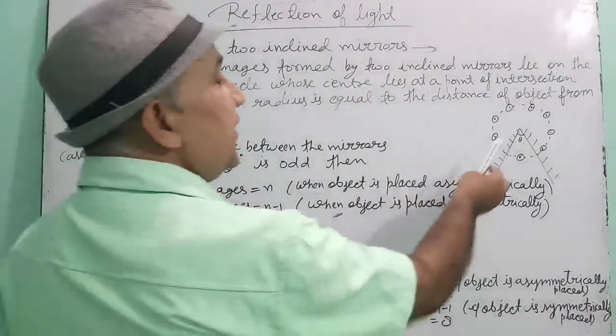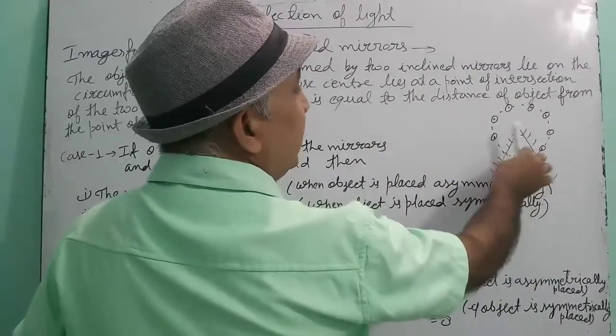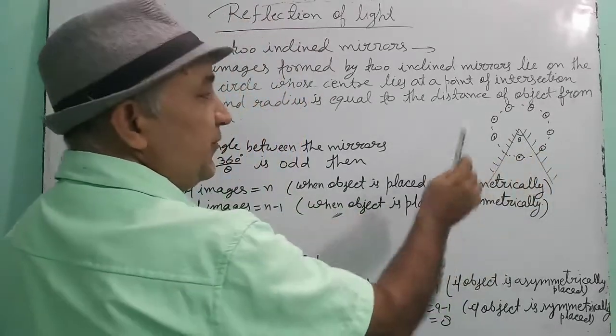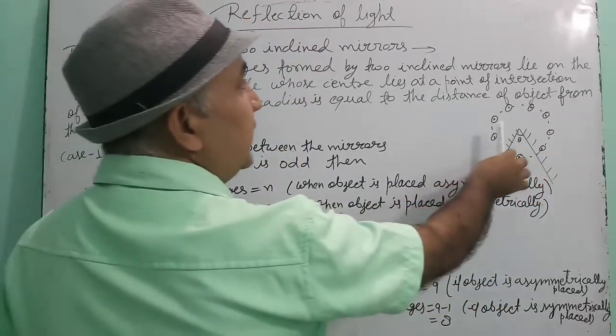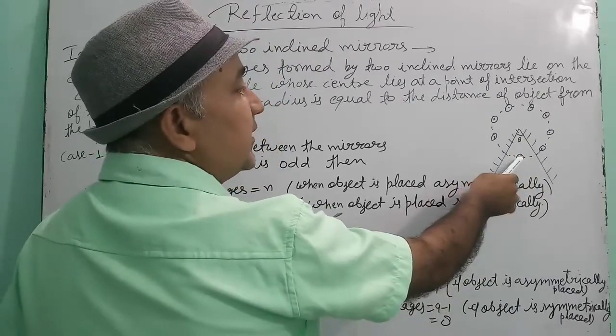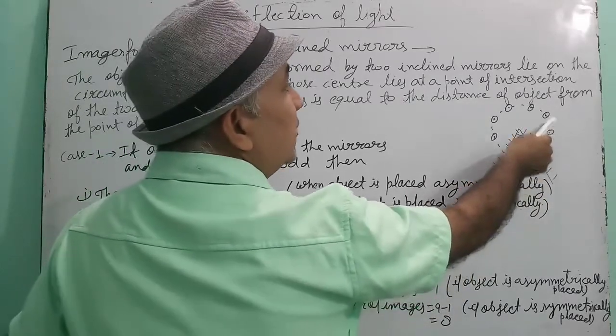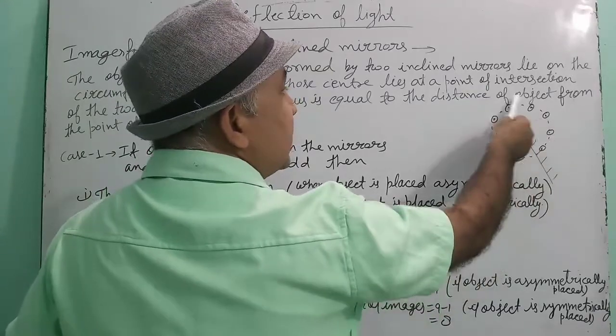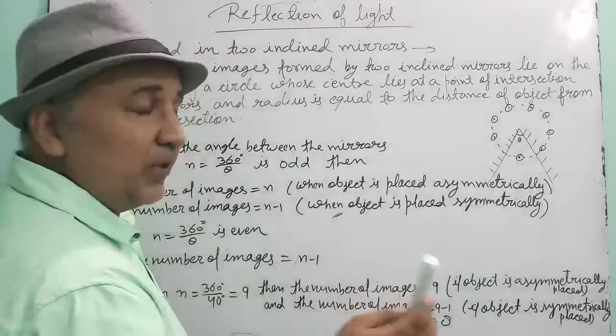So children, if two mirrors are inclined, then the object and images will lie on the circumference of a circle. Listen carefully.